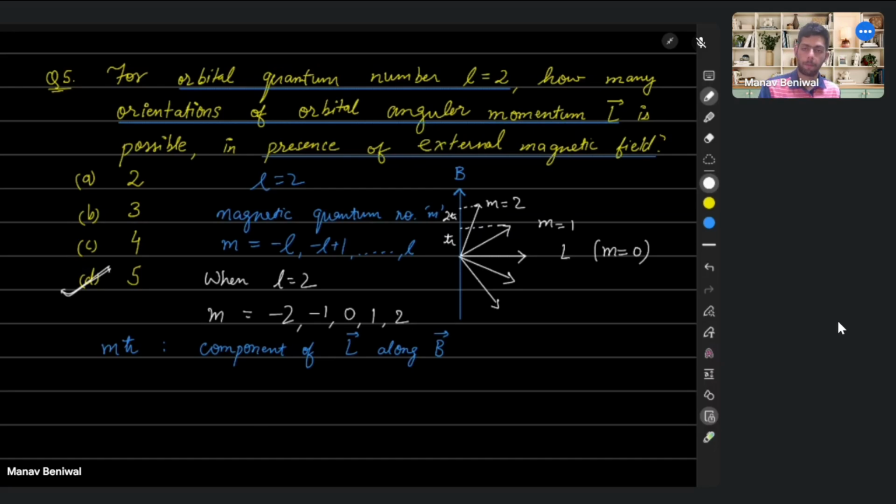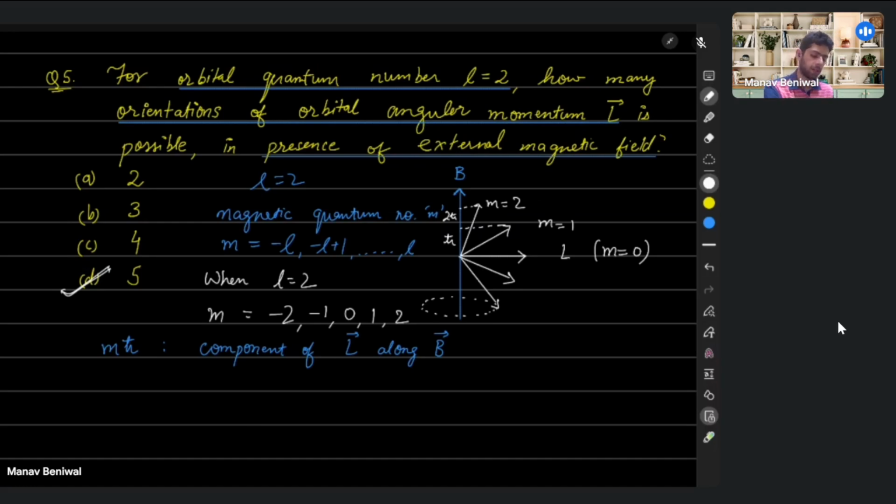Now note that we can take any of the components, and it will precess around the z-axis, which is the direction of applied magnetic field, in a circular way. Okay, so this angular momentum precesses around the magnetic field and it will not align with the magnetic field.